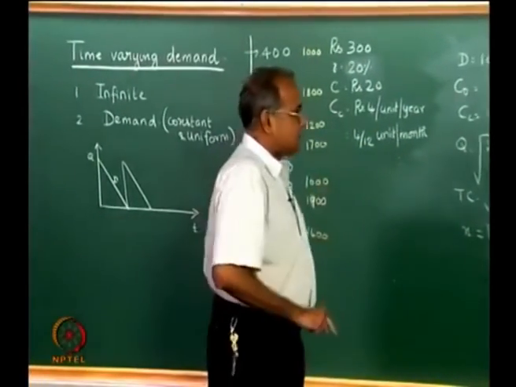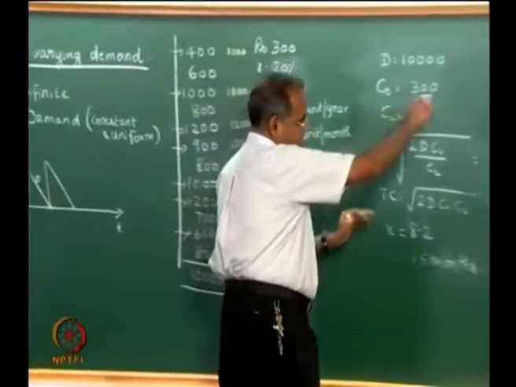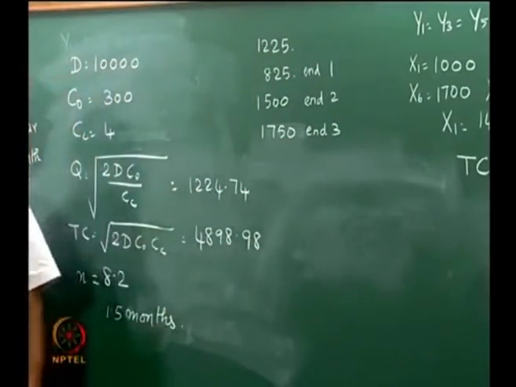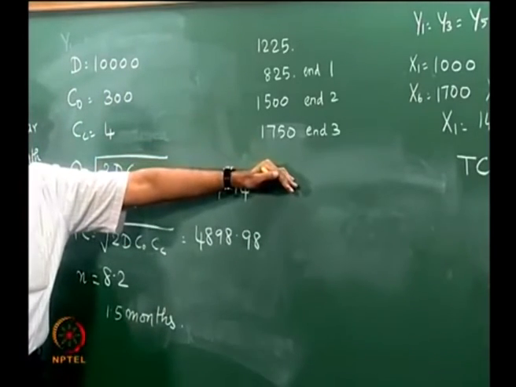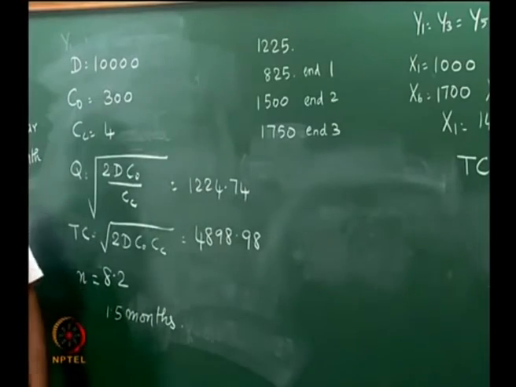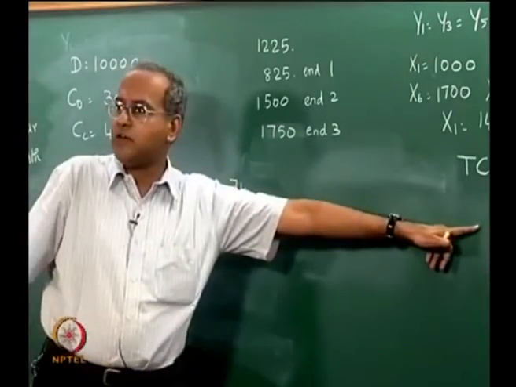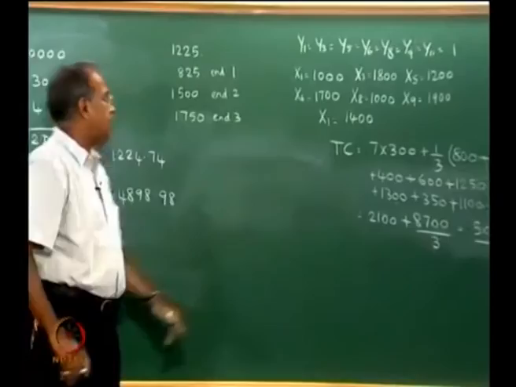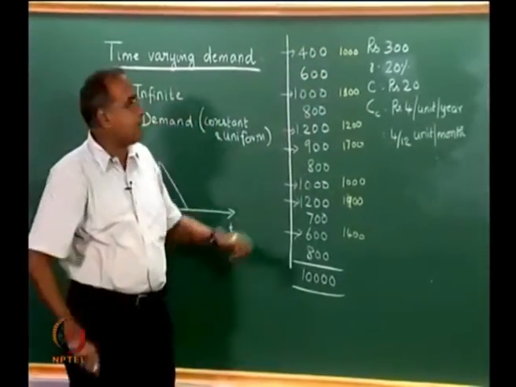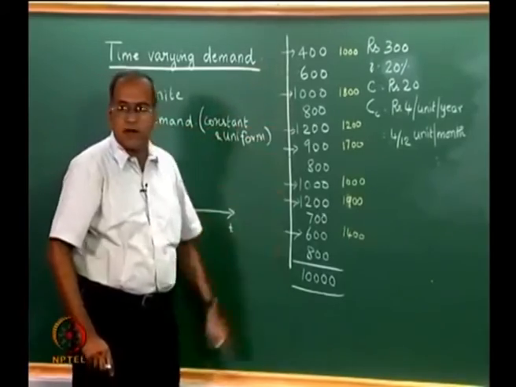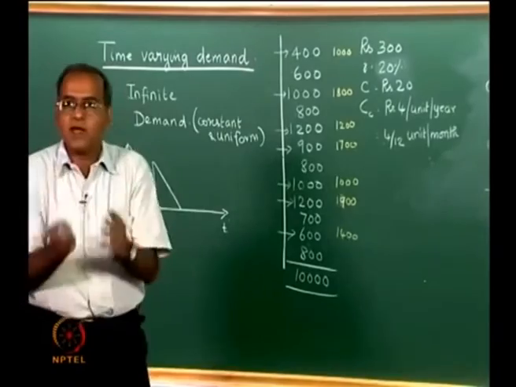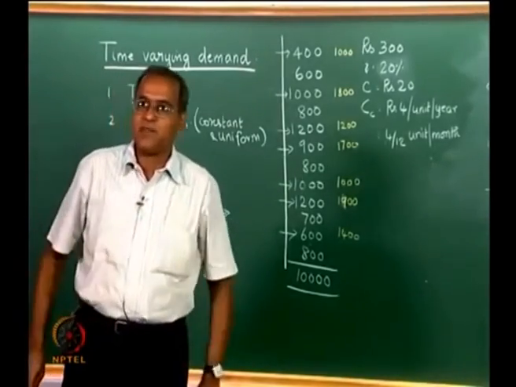The only place, even though this will be a feasible solution with cost equal to 4898.98, but then the optimal solution here will ask us not to order somewhere in the middle here and so on. The optimum solution will ask us to order at these points with a slightly higher 5000. So we need to explain why that difference happens.